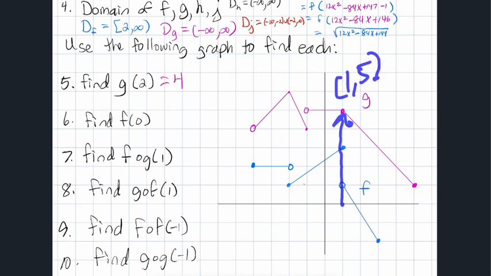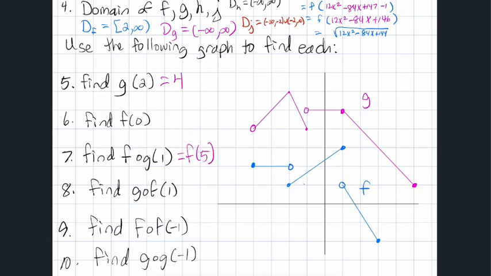Okay, I skipped 6, but we'll go back to it. But 7, F of G of 1: G of 1 is 5. So we're going to change that to F of 5.